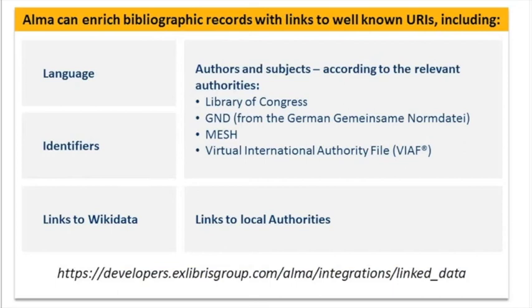For example, language identifiers linked to Wikidata, links to authorities, and also to authors and subjects according to relevant authority files: Library of Congress, GND, for example, MeSH, and indeed VIAF. For more information on these areas, you will see a URL towards the bottom of the slide.